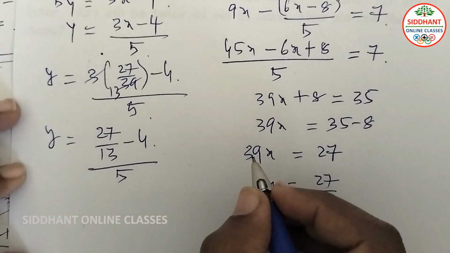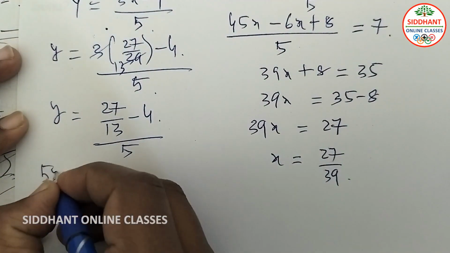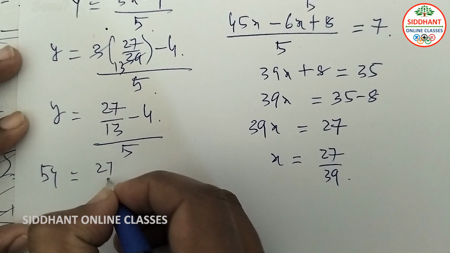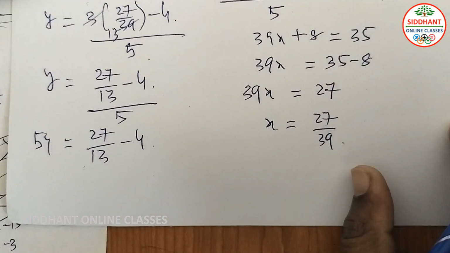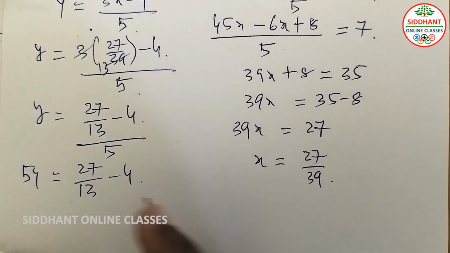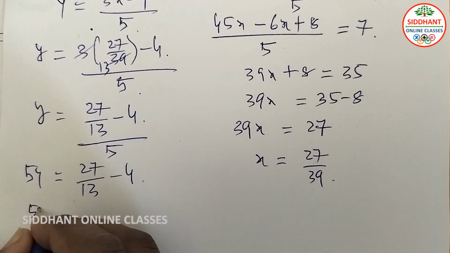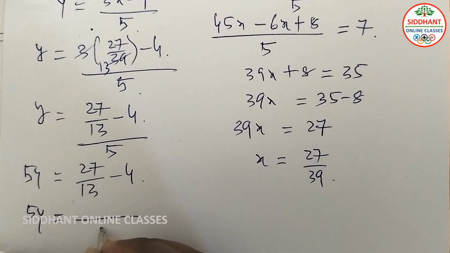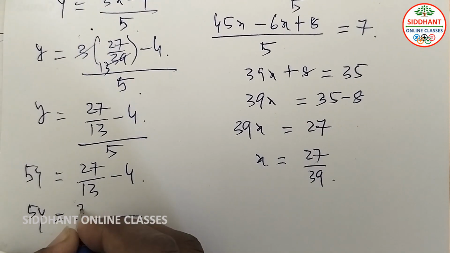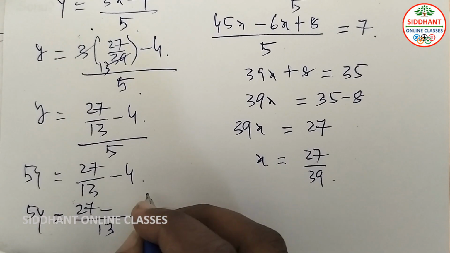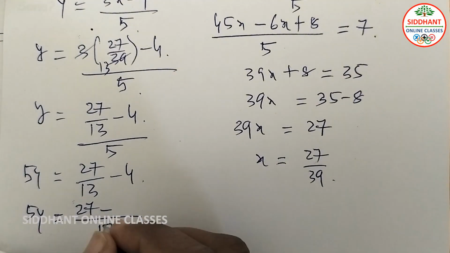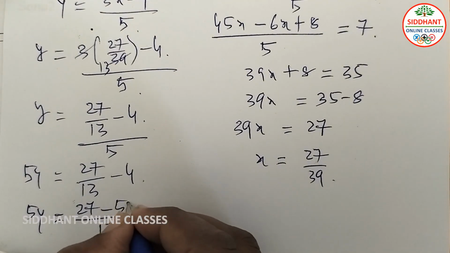Now 5 goes there, which is 5y equals 27 by 13 minus 4. Now 5y equals 13, here 27 minus 13 into 4, which is 52.